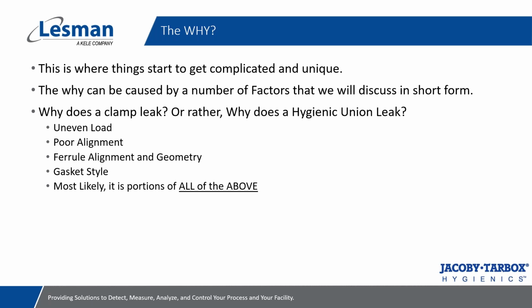It could be something as simple as poor alignment of the process piping. It could be that an uneven load, that the clamp wasn't set cleanly on the union before it was torqued down, right? It was pitched at a little bit of an angle. It could be the gasket style. It could be the ferrule alignment or the geometry of the ferrule.